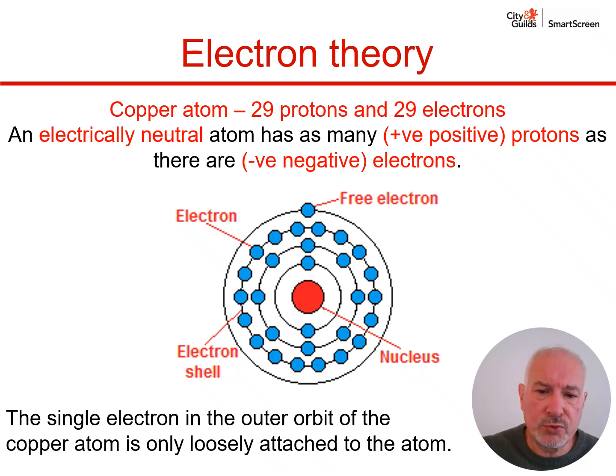In the diagram, you'll see the core in the middle, the nucleus, that's where the protons and the neutrons are. And then in the outer part of the atom, you have the electrons. Notice that they're arranged at different distances from the core, and we call these set distances the electron shells.